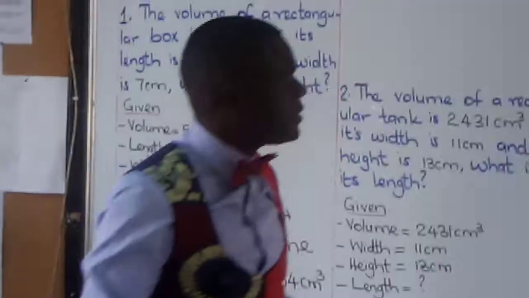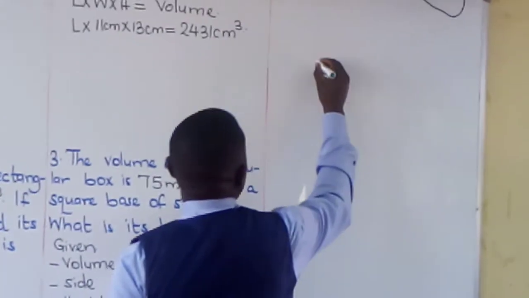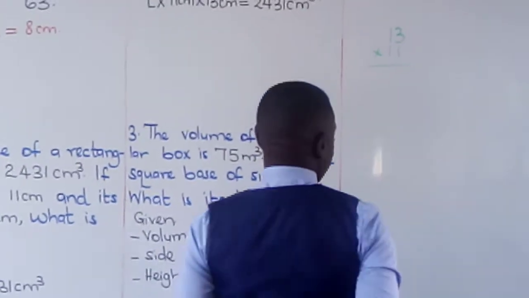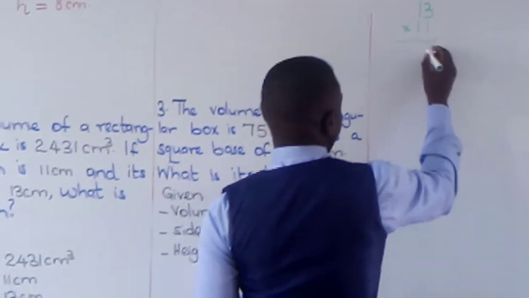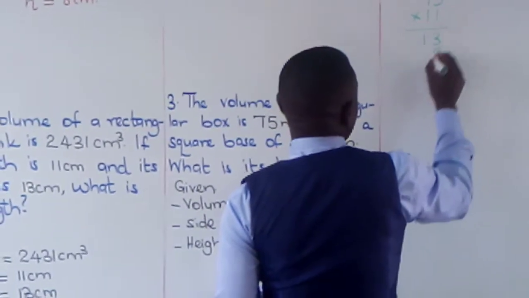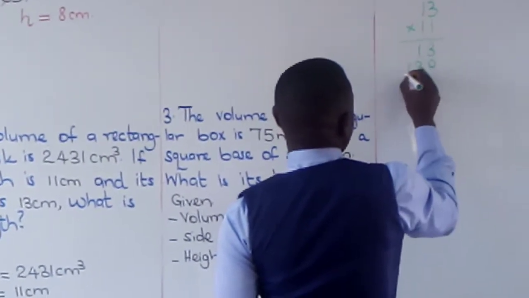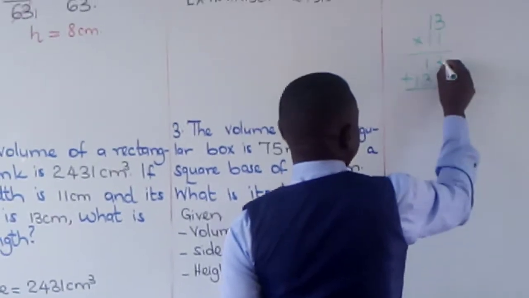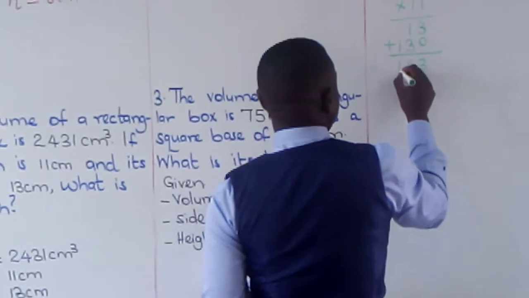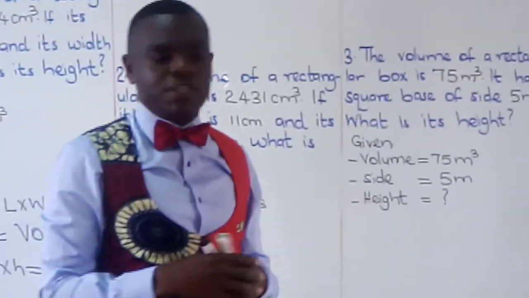Let us prove it if it's correct. 13 multiplied by 11, we arrange it vertically. 1 multiplied by 3 is 3. 1 multiplied by 1 is 1. We put here 0. 1 multiplied by 3 is 3. And 1 multiplied by 1 is 1. And then we add. That is 3, this is 4, and that one is 1. Hey, clap for Sylvia. She got it right.